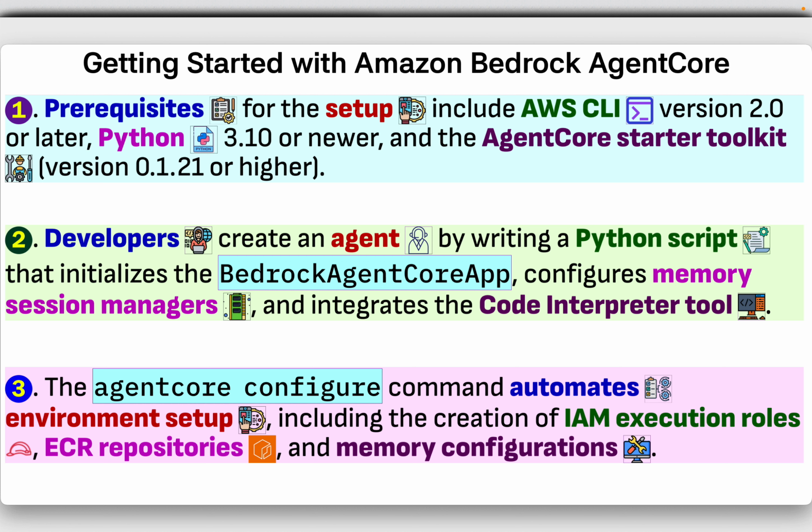The AgentCore configure command automates environment setup, including the creation of IAM execution roles, ECR repositories, and memory configuration. So I'll just talk about the important commands that we should be aware of when we configure AgentCore and how to get started.